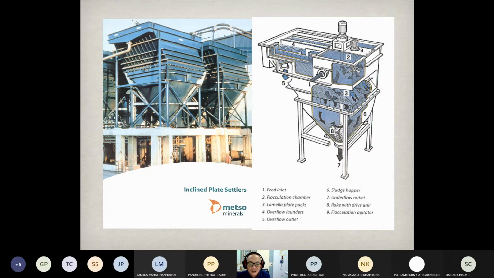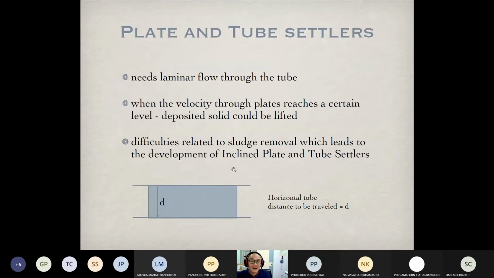Water just moves up and then overflows to the collection pipe. So water has to move through the space in between the plates. How could this inclined plate or tube actually increase the overflow velocities?